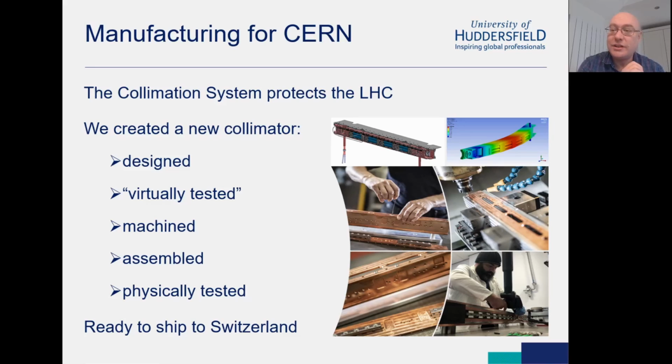With digital manufacturing engineering, we're looking at how we capture that knowledge and feed it back to the design process. We then had to go through the assembly and make sure that the assembly we'd virtually tested worked in real life. And then the final quality inspection here using a measurement arm, again in our lab at Huddersfield University.